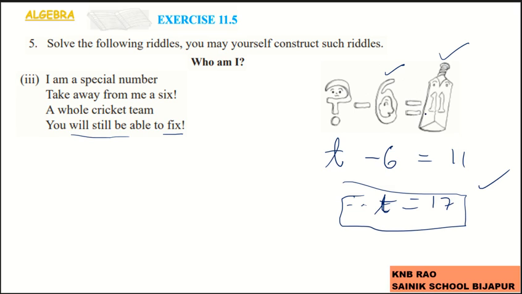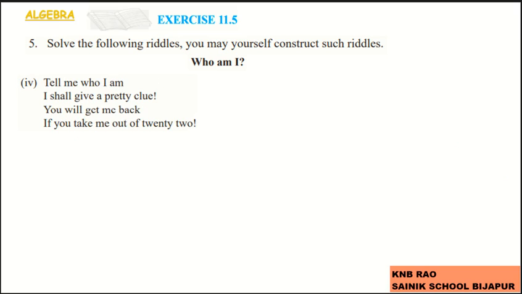Then coming to the next riddle number 4: tell me who I am, I shall give a pretty clue. You will get me back if you take me out of 22. So, 22, from that if you take me away, I will get again back.